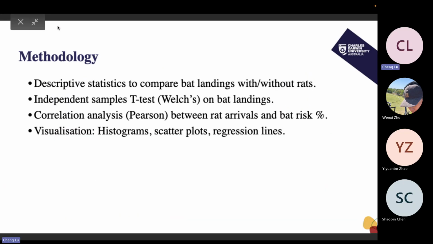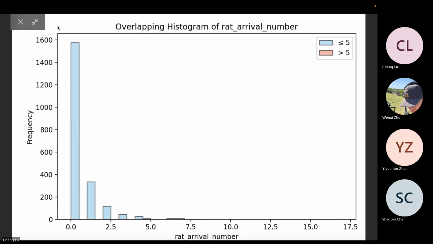So we used a histogram, t-test, and a scatter plot to get the conclusion. Our original histogram used 5 rats as the dividing line, with the two groups being cases where the number of rats was greater than 5 and less than or equal to 5.